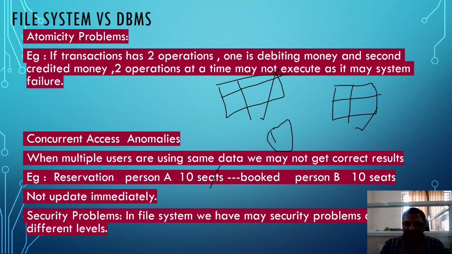You just open his system and check. The 10 seats will be as it is. It will not be updated immediately. So 10 reservation seats are there. The 10 will be reflecting even though two or three reservations have been done. Two persons have booked. It must have only 8 seats, but even then, it shows 10 seats only in the reservation counter. So this is called concurrent access anomaly, an on-the-spot access problem in the file system.